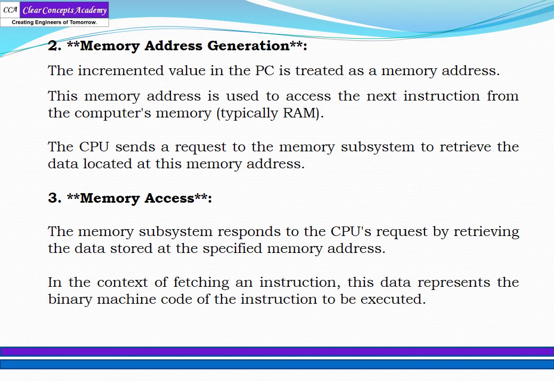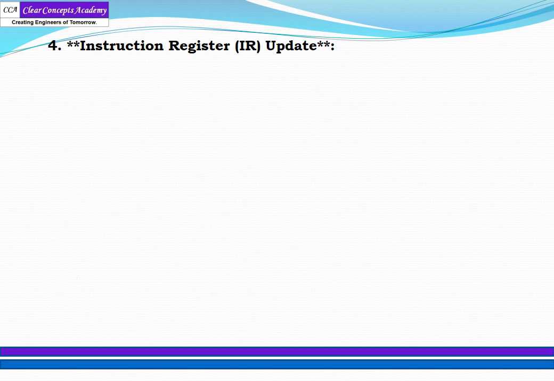In the context of fetching an instruction, this data represents the binary machine code of the instruction to be executed. Whatever data you are getting will be the instruction to be executed.